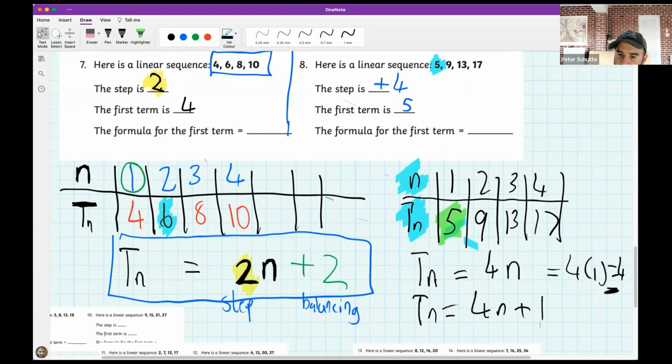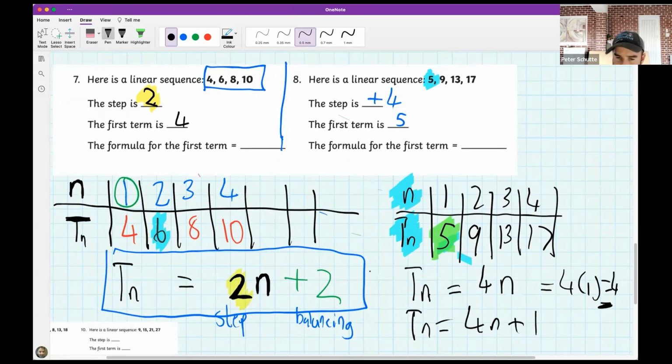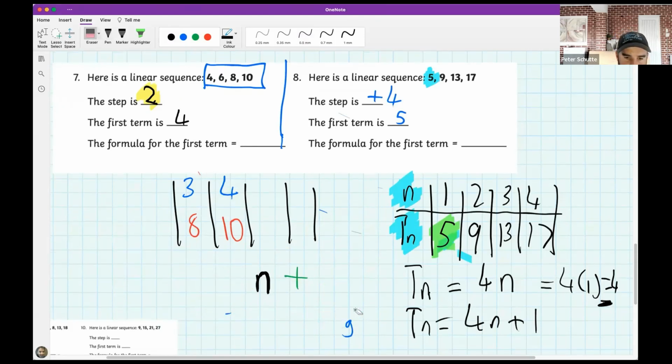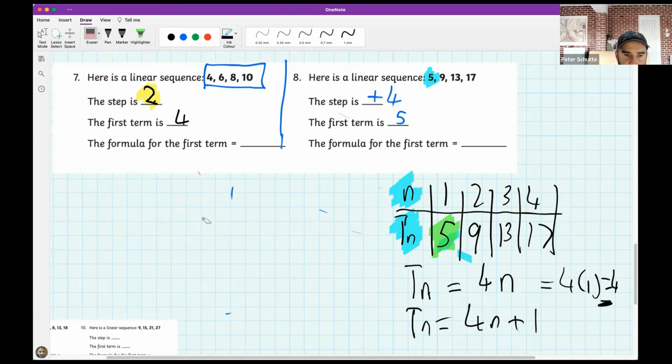Let's just check that this actually makes sense. Using the formula, if I put a 1 in, 4 times 1 plus 1 is 5.